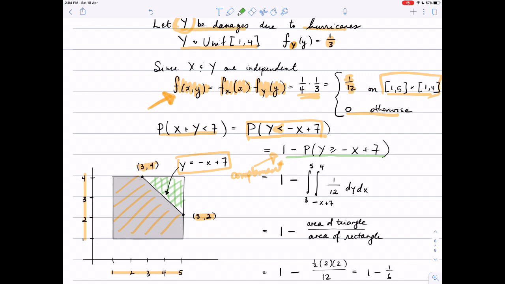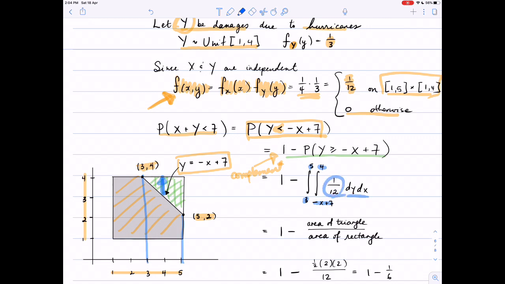So we could integrate, absolutely we could integrate. We could say that this is, well, 1 minus, this region goes from 3 to 5 in the X, and then a single Y value goes from minus X plus 7 to 4, and integrate that of the density function dx dy.